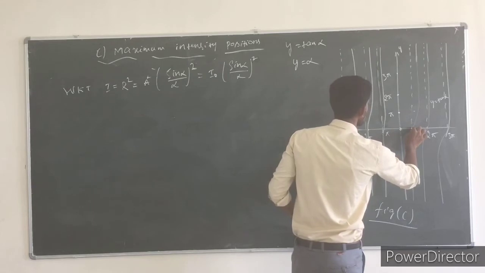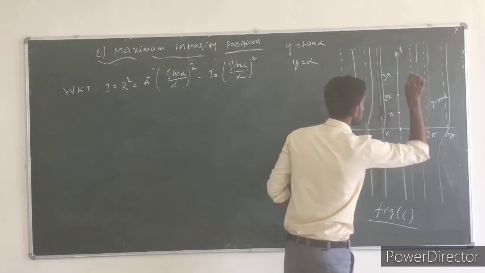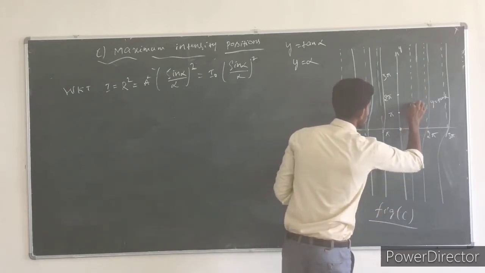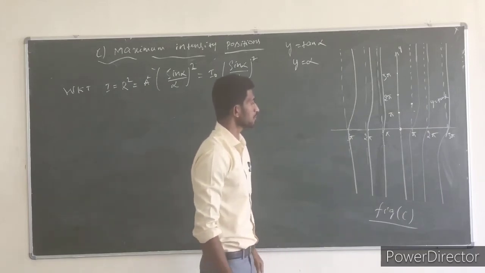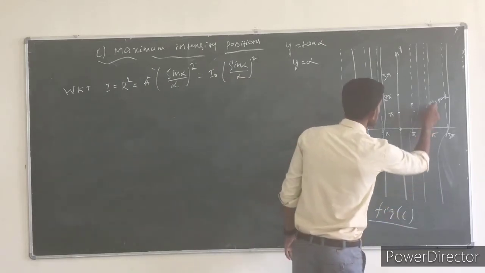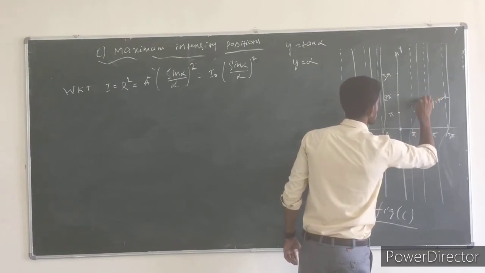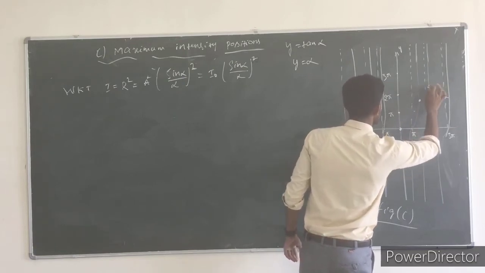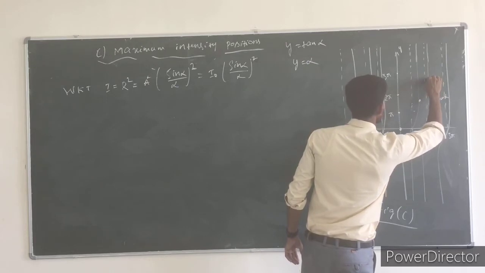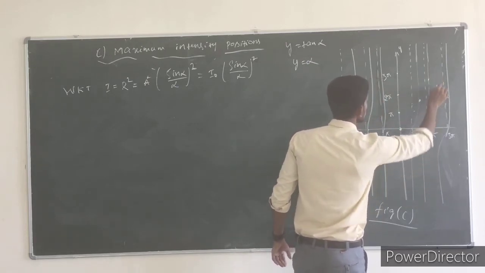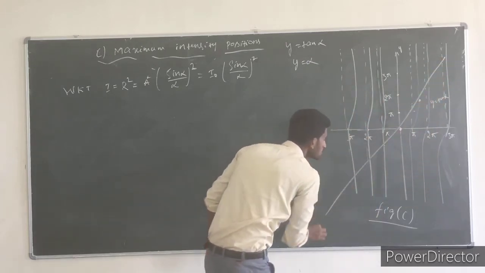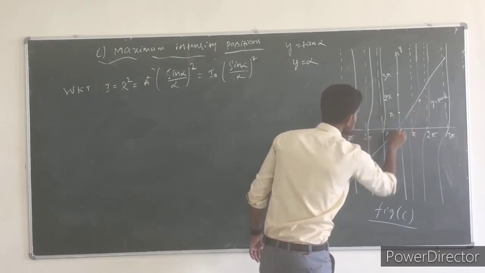Similarly, I will take first positive terms. So here y is something and alpha is also something. Similarly, for this also we will take somewhere. Here. So when I plot this, it is going to this.